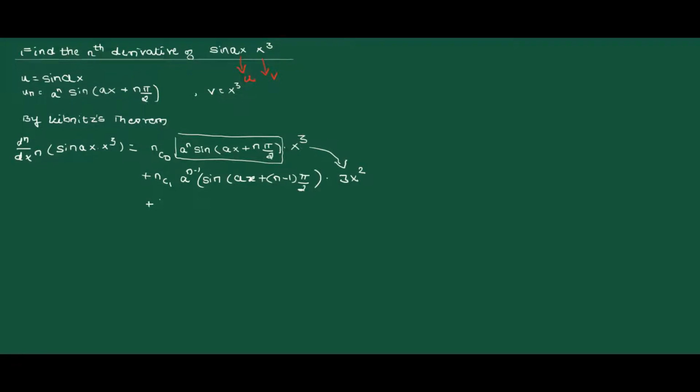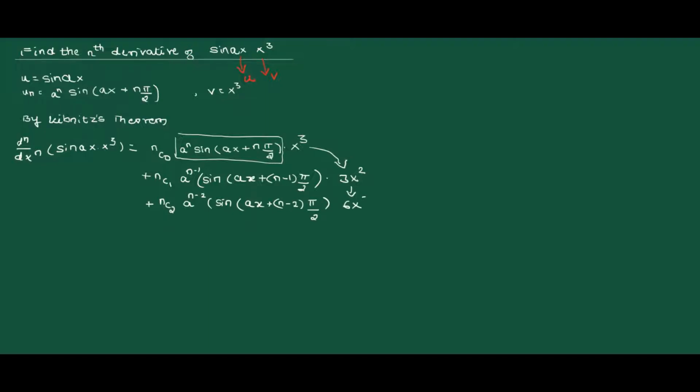Now you can write the third term. After nc1, the next term will be nc2. Now n minus 1 is replaced by n minus 2, that is a raised to n minus 2 into bracket sine ax plus n minus 2 into pi by 2. Bracket complete. What is the differentiation of 3x square?